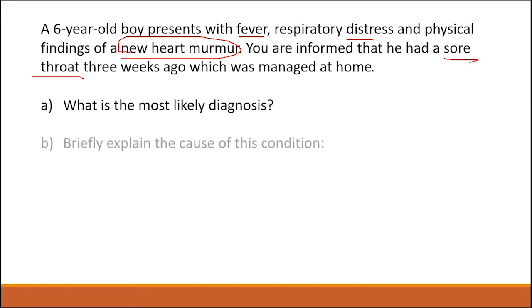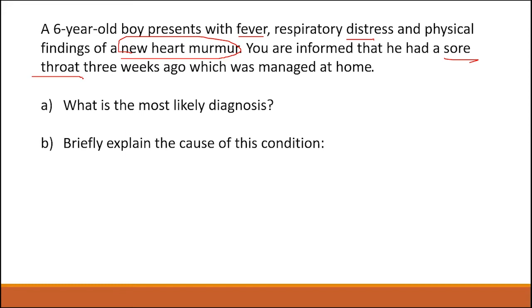All right. Now, briefly explain the cause of this condition. Again, we have told you, this is because of the what? The tonsillitis. So what it means is that, and like I said, you are thinking of what? Streptococcal infection, isn't it?